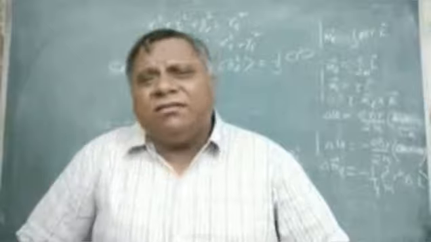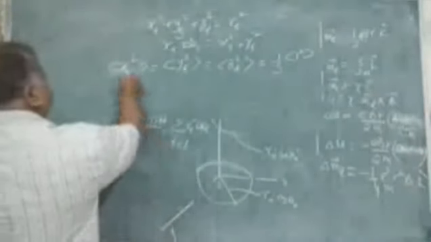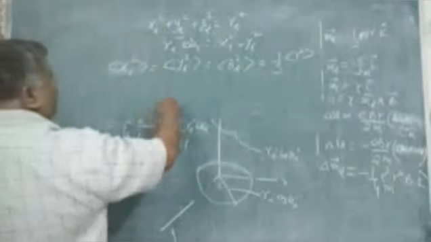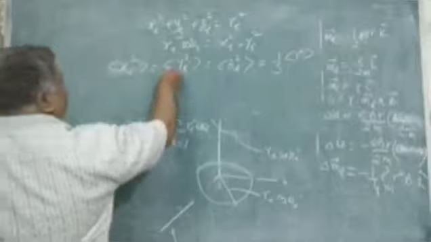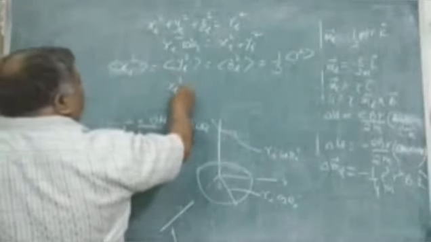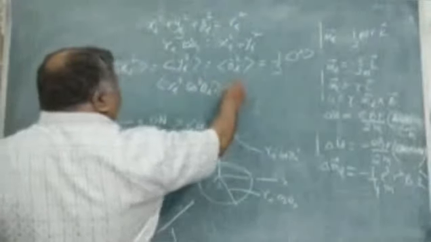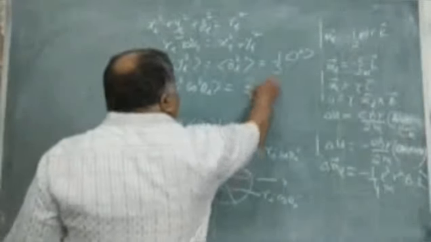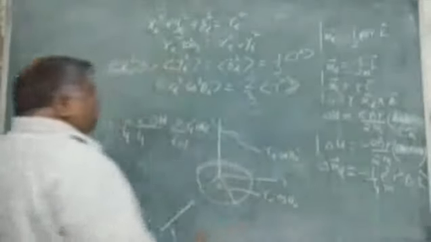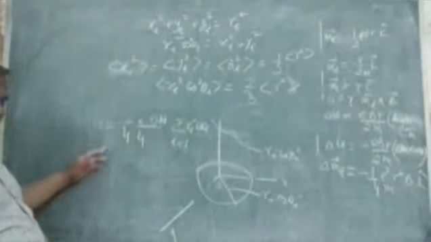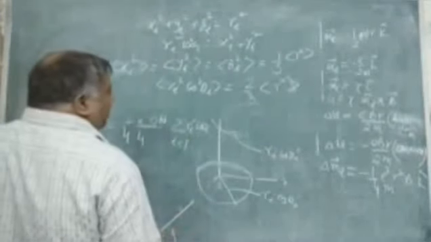You may take it as the radius of the atom. So for this, we have the average of Ri square cos square theta i equal to 2 by 3 R square, where R square is the average value of Ri square.